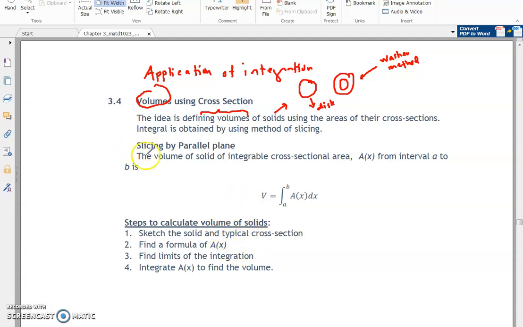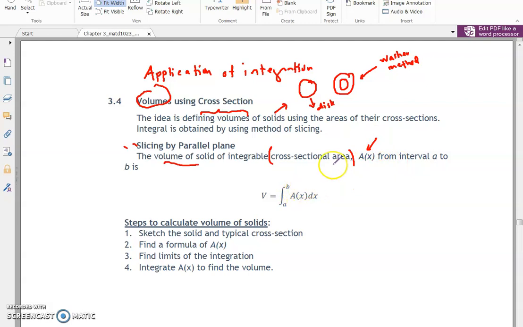But here, the general way to calculate it is by slicing with a parallel plane, where we determine the volume of the solid, which can be integrated by using a cross-section area, which is A(x). So basically we still use A(x).